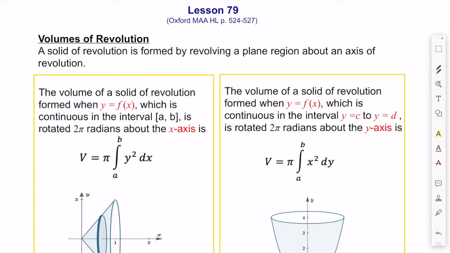And integration will allow us to calculate the volume of these 3D solids of revolution by considering that you're really adding up really thin disks, right? That have different radii, but the radii are defined by the distance between your function and the x-axis or y-axis.